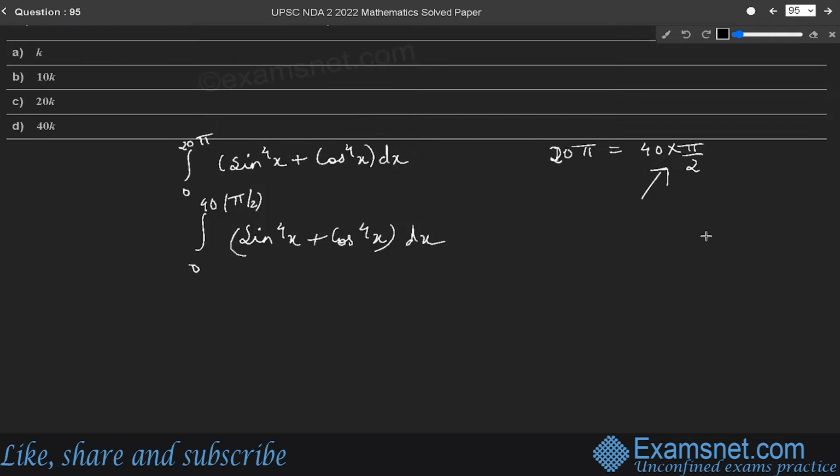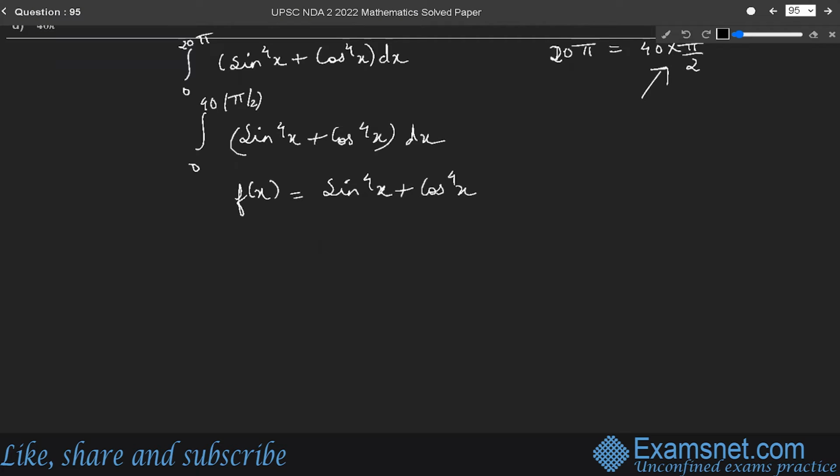Here the function is f of x equals sin power 4x plus cos power 4x. So in the place of x, if we put pi minus x, then this function will remain as it is, because there will be no effect on the sign here.